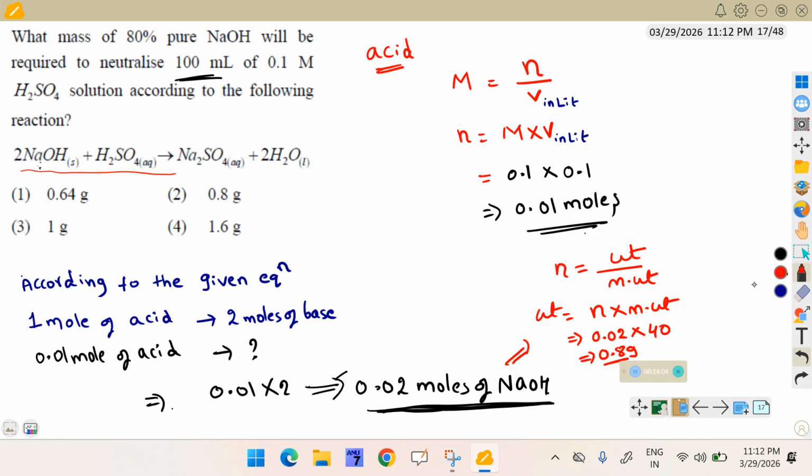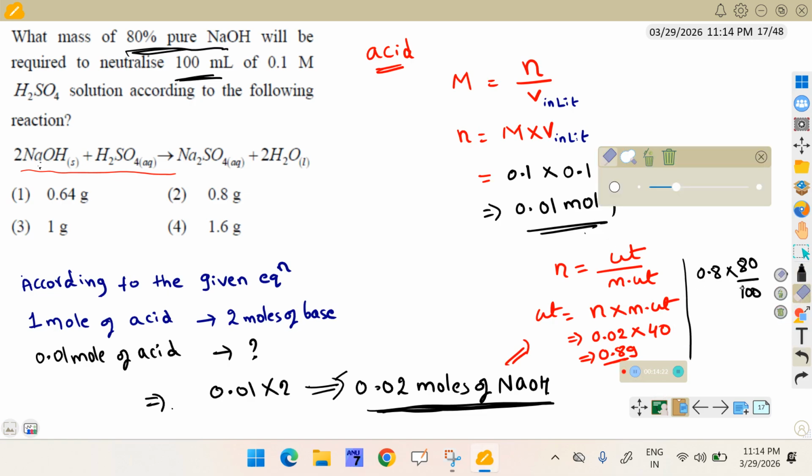But here question is 80%, the NaOH is 80% pure NaOH. So the weight is multiplied with 80 by 100. Simplify. You can do like this otherwise. Purity percentages are given.